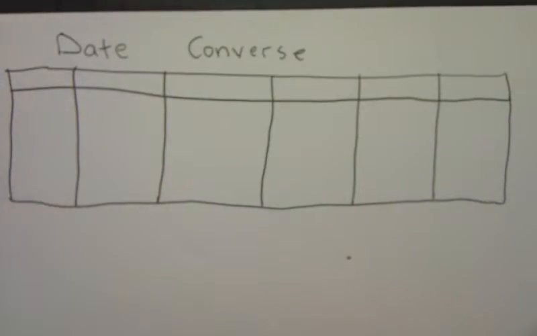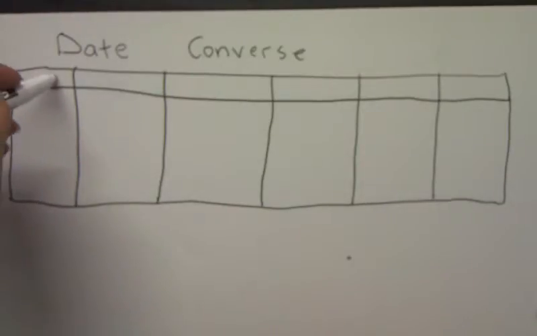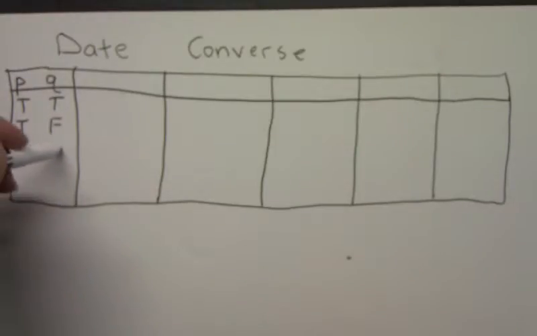So I have P and Q, and there are four possibilities. P can be true and Q can be true. P can be true and Q can be false. Or P can be false and Q can be true. Or P can be false and Q can be false.